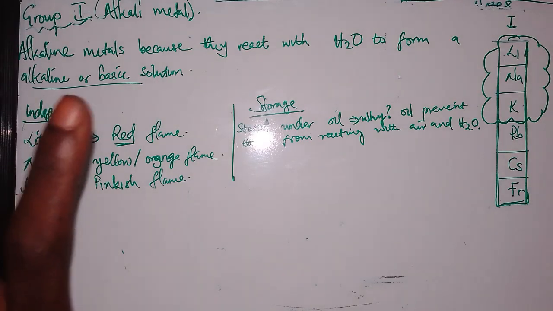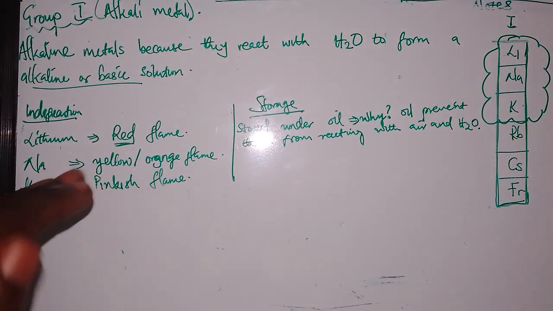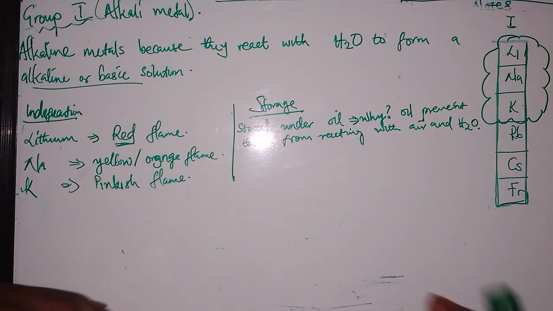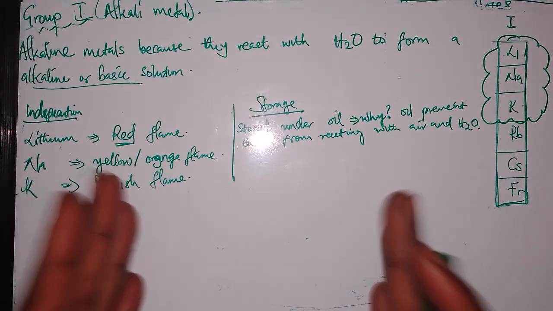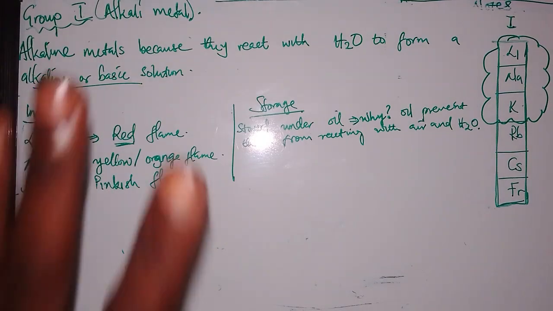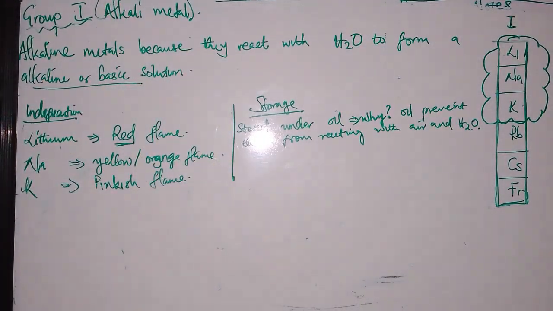Now I've looked at the name, identification, storage, and examples of group 1 elements. Now moving on to the most important part of group 1 elements, which you need to pay extra attention to: the physical and chemical properties.